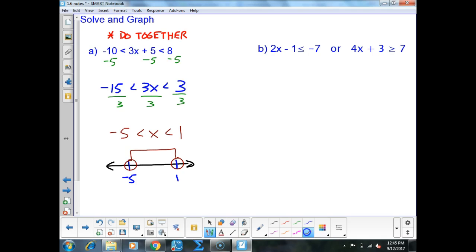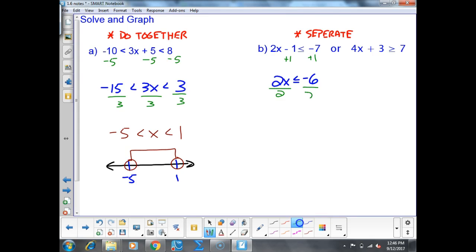In the OR case, the hint is you're going to work those out individually. So I'm going to add 1 here. That's going to be 2x is less than or equal to negative 6.